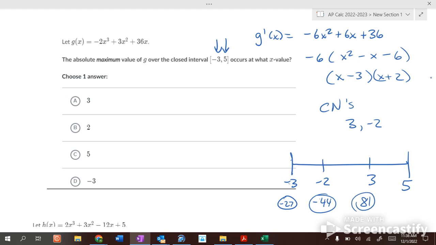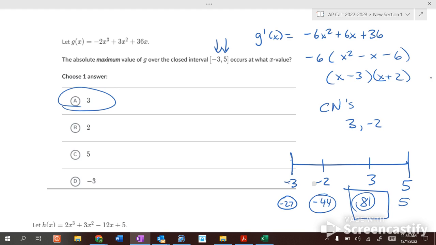And if you stick 5 in there, I bet it's a number smaller than 81. Okay, where does the relative maximum occur? The relative maximum occurs at 3. What is the relative maximum? The relative maximum is 81.